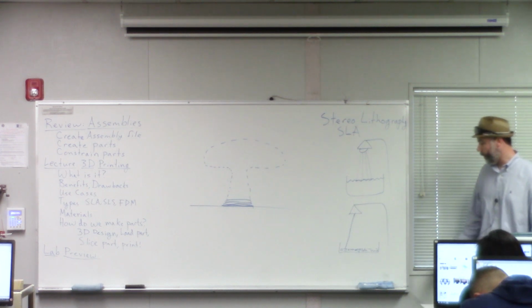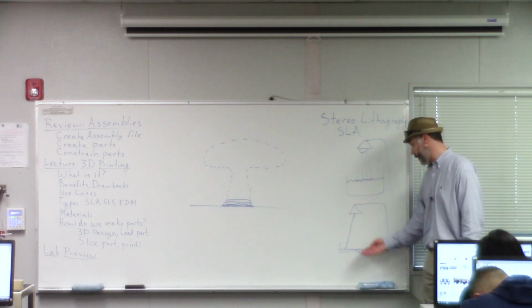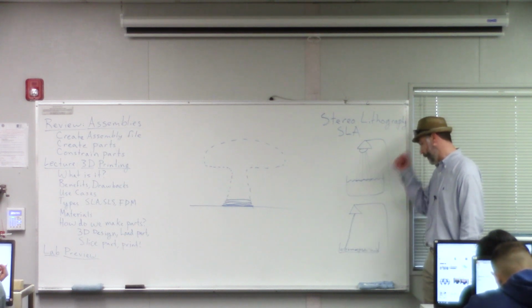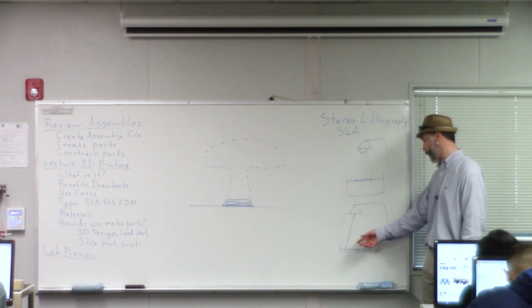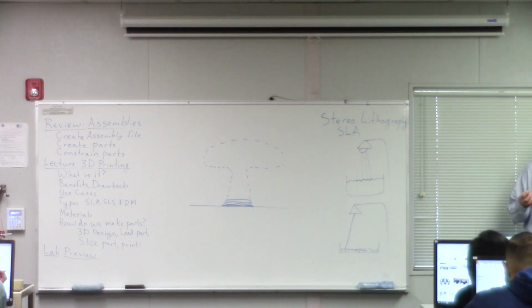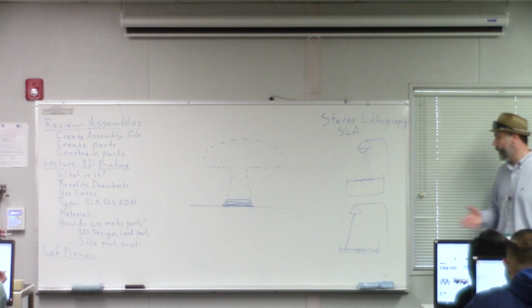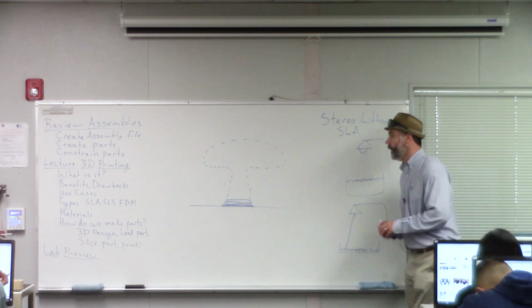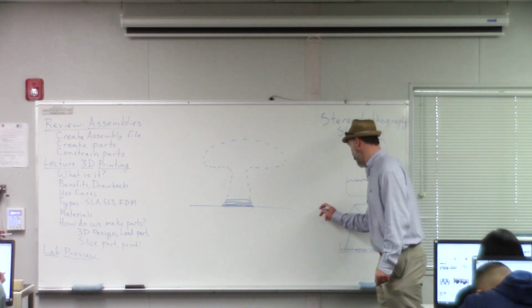But the drawbacks are that this is still relatively slow, and you still have to deal with kind of a messy situation where you've got this big container full of dust or fine particles. So that is the SLS, or selective laser sintering.